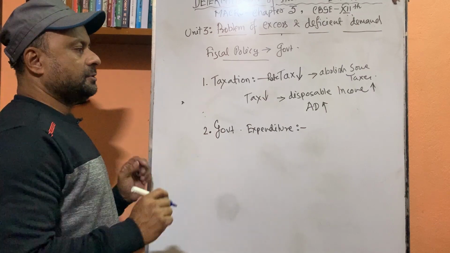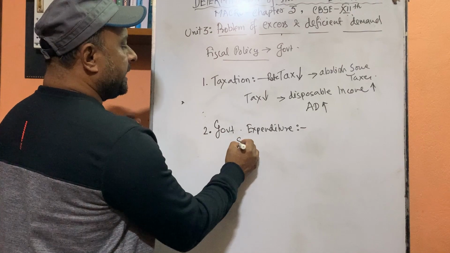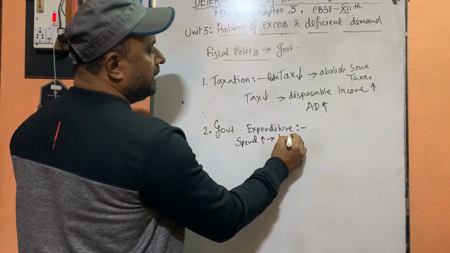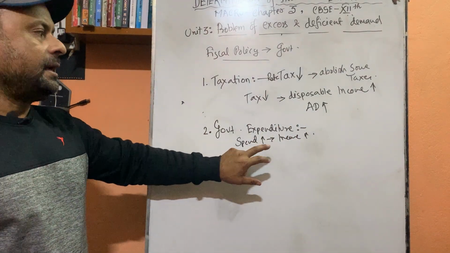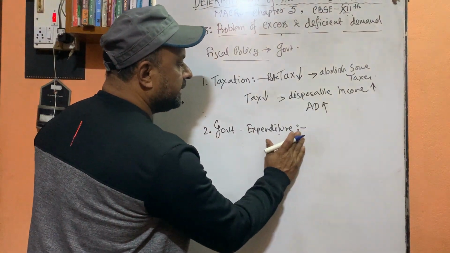or some other development and non-development activities of the country. This is government expenditure. Now when the government spends more money, people's income increases. Ultimately, we are getting income directly or indirectly from government spending. So with the increase in government spending, our income increases.